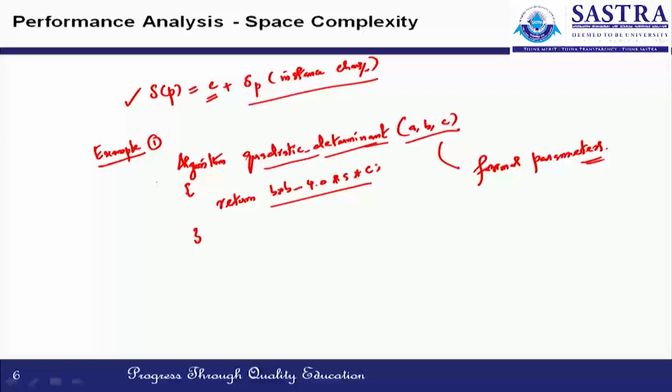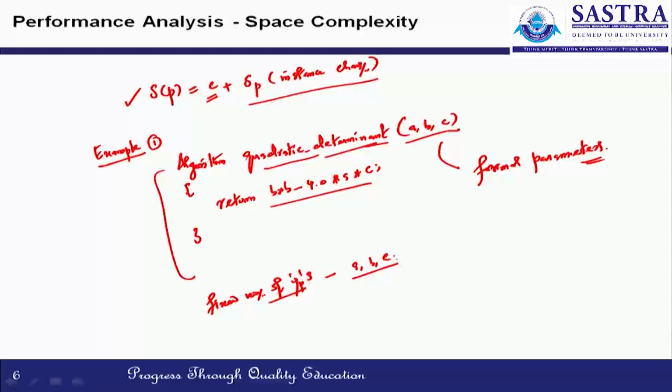In this example, we have only a fixed number of inputs. The inputs are given in the variables, for example, formal parameters A, B, C. Formal parameters receive the corresponding input arguments.